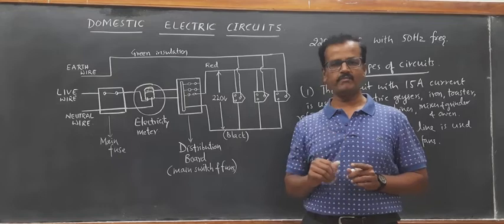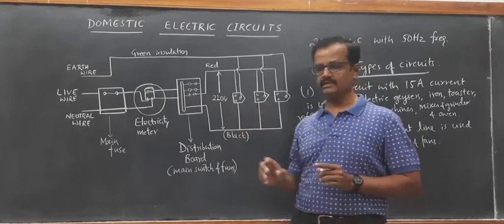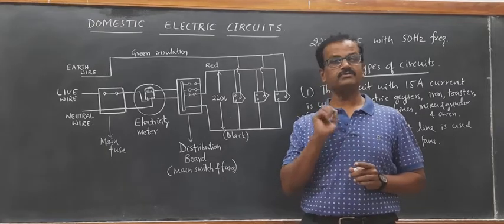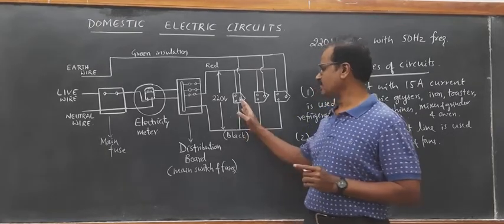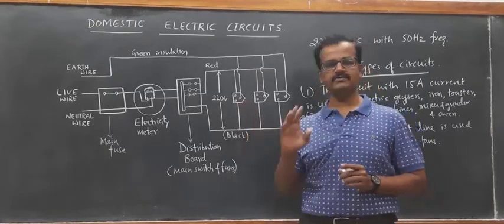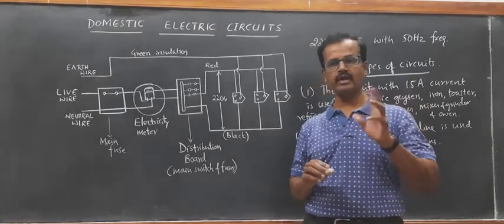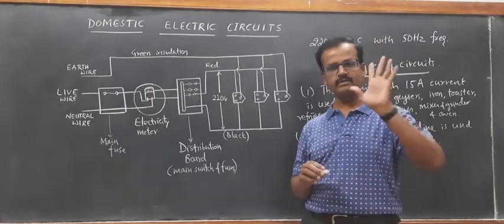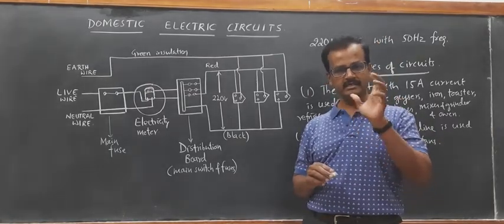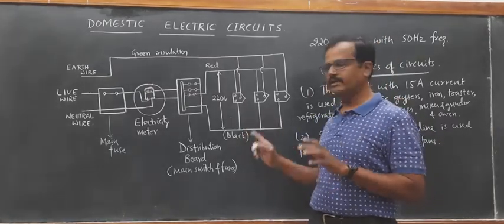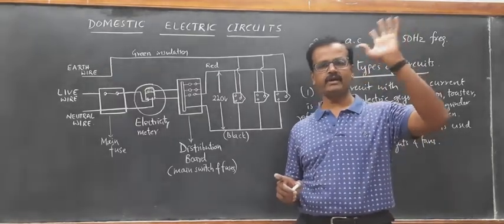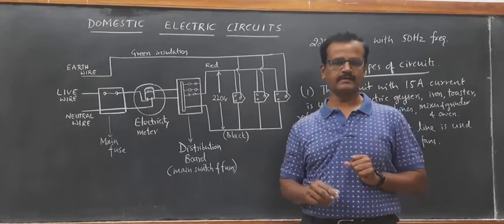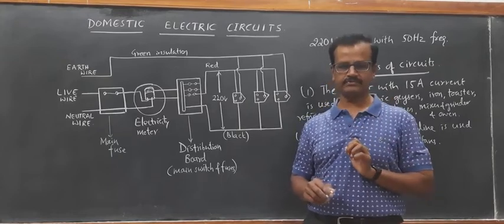Every circuit also has an on and off switch, so that if I am using one particular circuit like a tube light, I can switch it on and off separately. That's how every tube light, every fan, every bulb has a separate circuit with a switch.